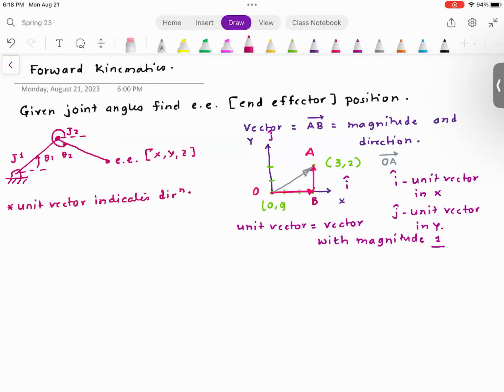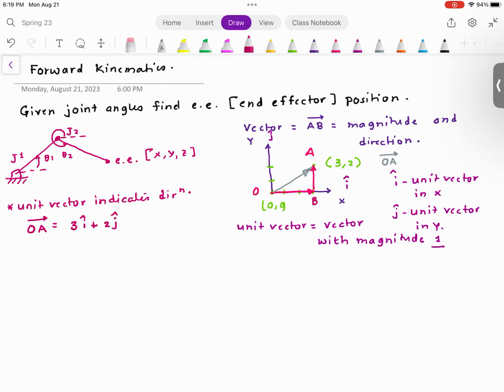It means I can say my vector OA is equal to 3i plus 2j. The vector is 3i plus 2j. Understand, this is not a unit vector.